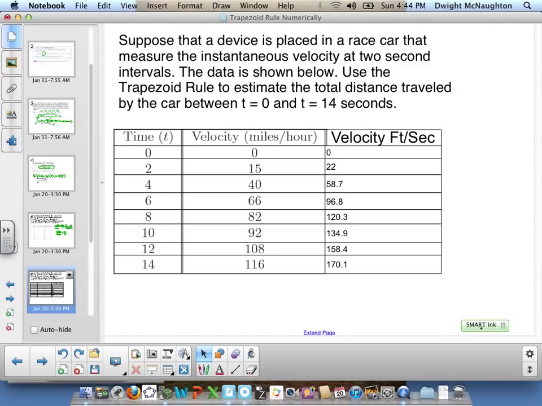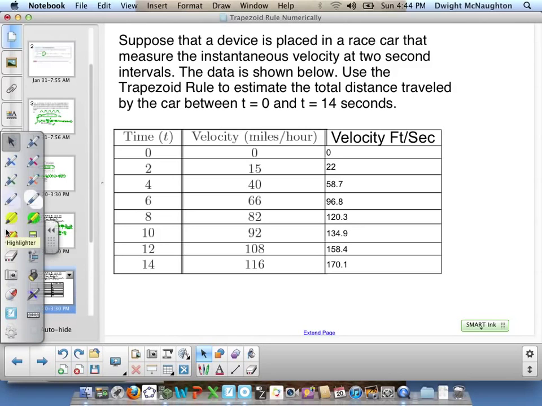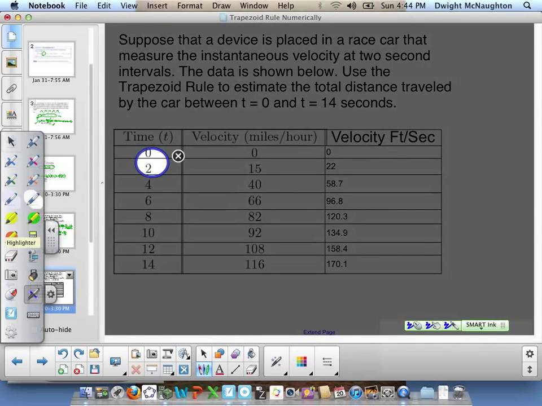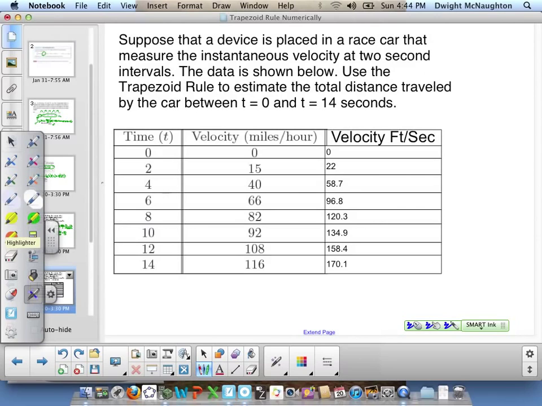All right, so now we need to go through and build our trapezoids. We see that all of our bases are 2 seconds. That's 2 seconds, 2 seconds, 2 seconds. So we can use our formula.